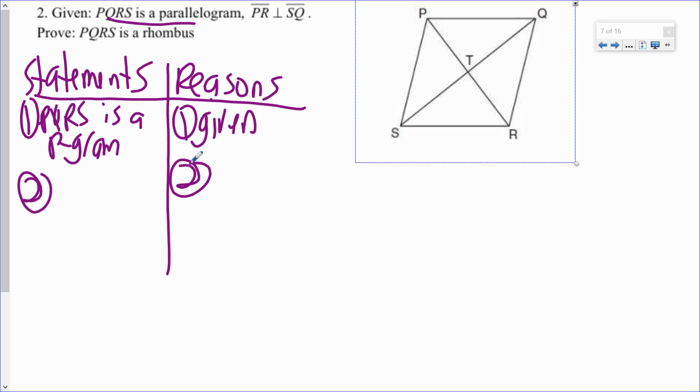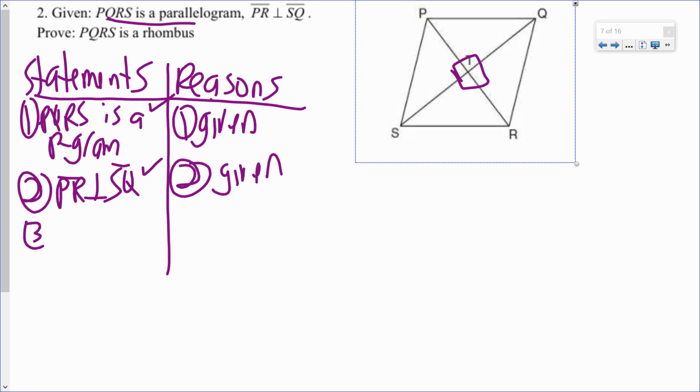It says that PR is perpendicular to SQ. That's diagonals are perpendicular to each other. PR is perpendicular to SQ. Given. I have a parallelogram. I have diagonals perpendicular to each other. Therefore, I can state that PQRS is a rhombus.